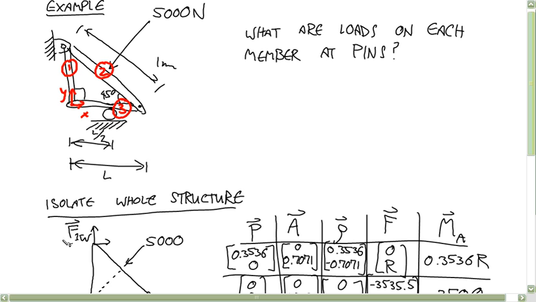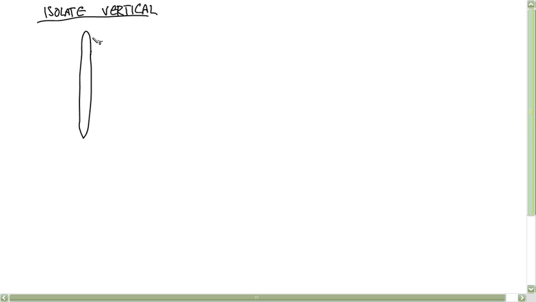Okay, what do we have here? Up here at this pin, that pin is part of the member that I'm isolating, right? This is member 1, the lowest numbered member. So on that pin, there are actually 2 things applying forces: the wall and member 2.